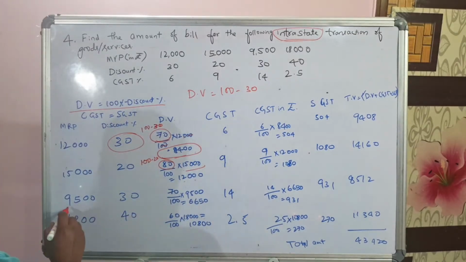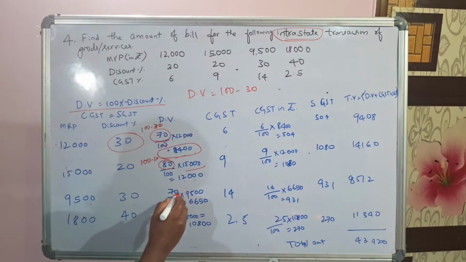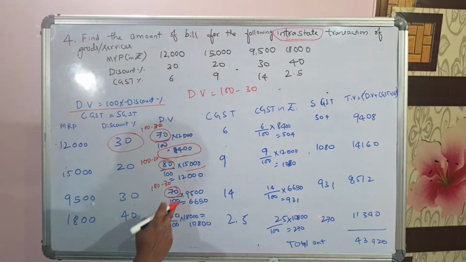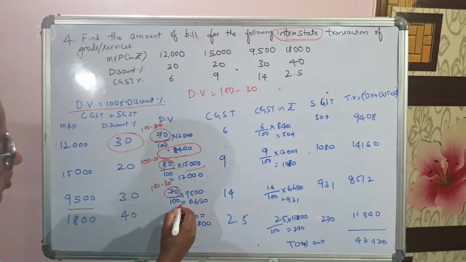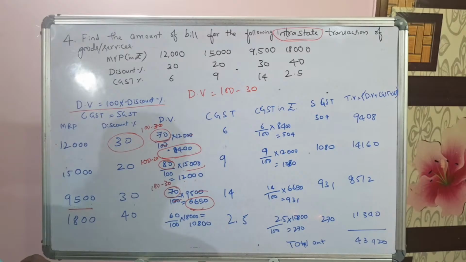Next, for 9,500, discount percent is 30. That means 100 minus 30 is 70. 70 divided by 100 into 9,500, which is equal to 6,650.